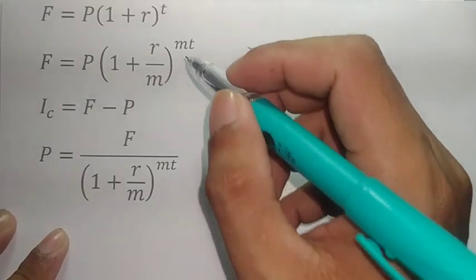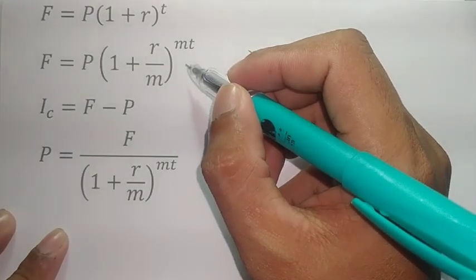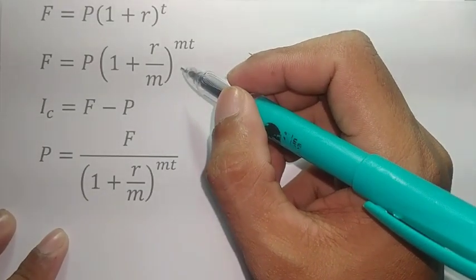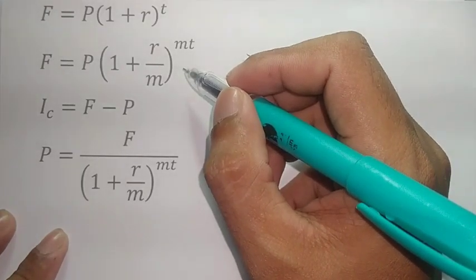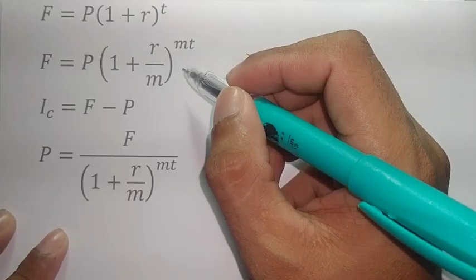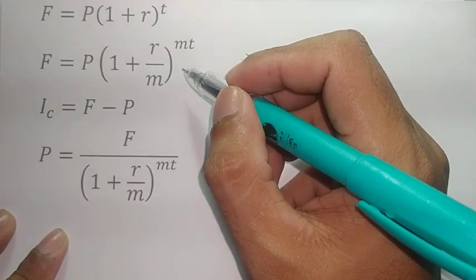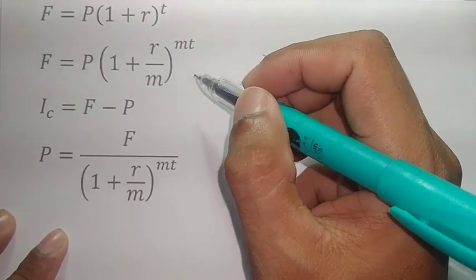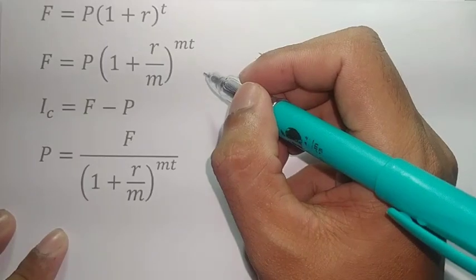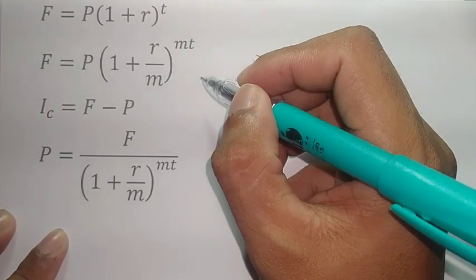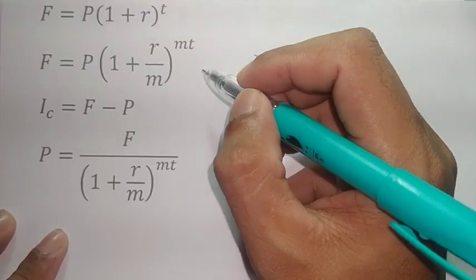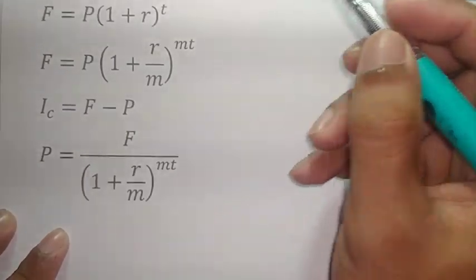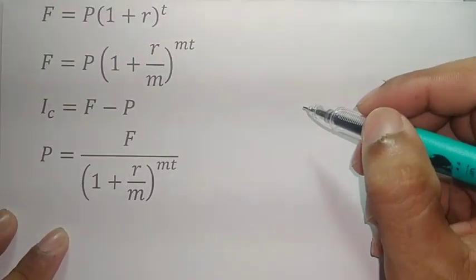This formula is used when the compounding period is more than once a year. Example, if the interest is compounded monthly, this means that the interest will be paid every month. Later on we will tackle it.